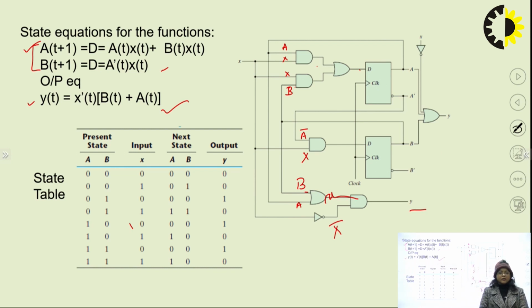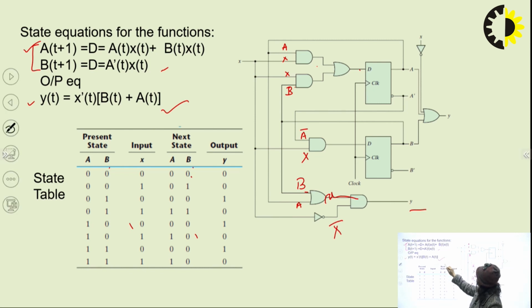Now we will formulate the characteristic table or state table using this state and output equation. The present state is given as there are two states A and B. So the present state is A, B and input X. As there are three variables, we will formulate all the combinations from 0, 0, 0 to 1, 1, 1, and using the equations given above, we calculate the next state A(t+1), B(t+1) and output Y. Similarly, when the input X is 0, A is 0.